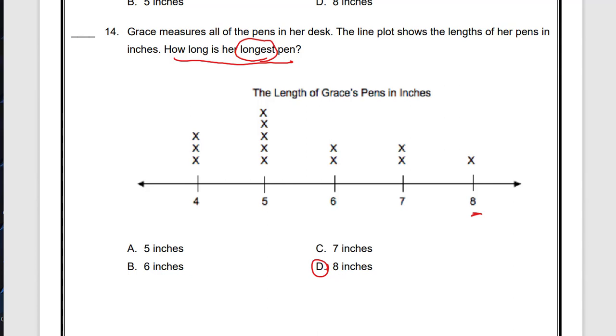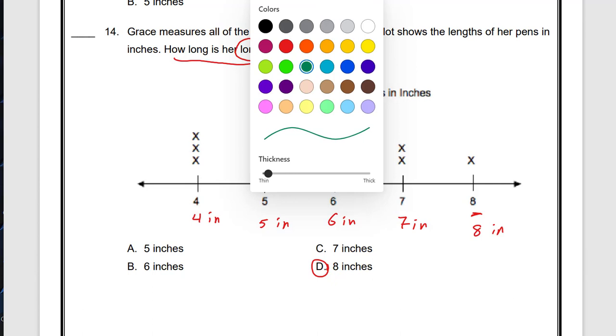We have 4 inches, 5 inches, 6 inches, 7 inches, and 8 inches. Okay, so if I ask you how many pens are 4 inches, I will say 3 pens.